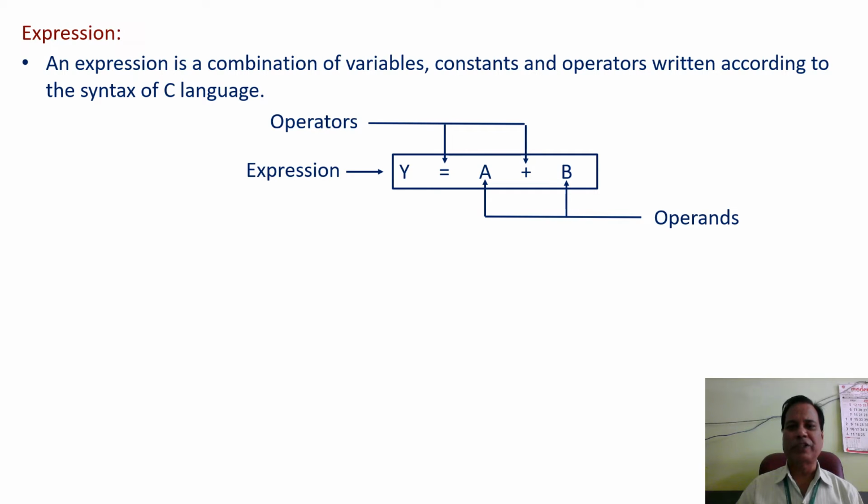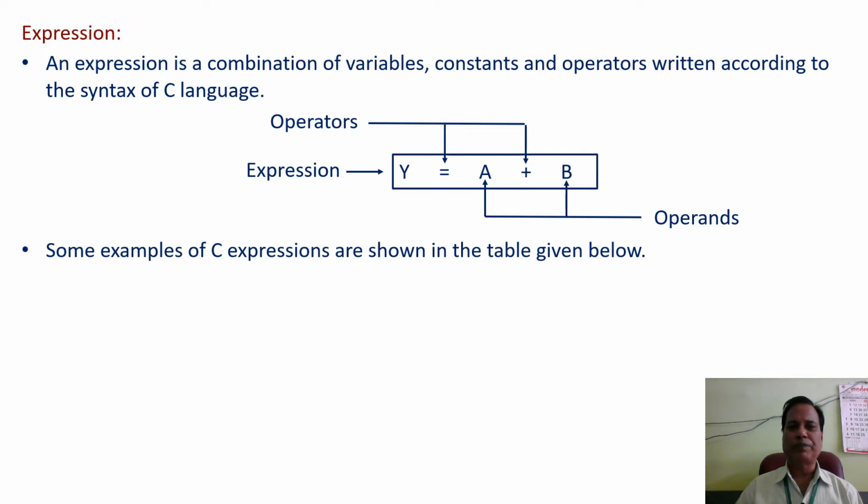In this expression, we have three variables y, a and b. Two operators are present, the assignment operator and the addition operator. In this expression, a and b are called operands.